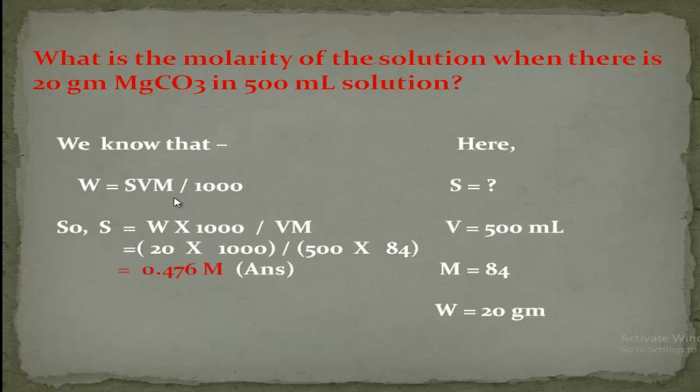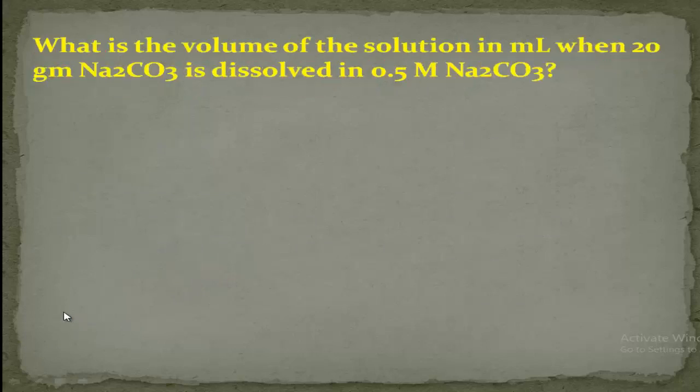So we can easily calculate the value of S. Here V is 500 milliliter, M is 84, the molecular mass of magnesium carbonate, and W is 20 gram. Putting in the values of all factors, we can easily determine S, and that is 0.476 molar.